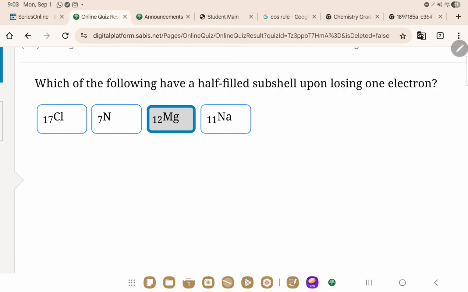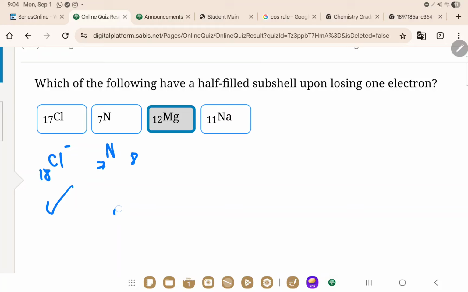Which of the following has a half-filled subshell upon losing one electron? Cl minus, when it loses one electron, it becomes Cl18. Is the Cl18 stable? It is stable because it's now argon. So Cl minus, when it loses one electron, it's stable. N7, when it loses one electron, it has 8.